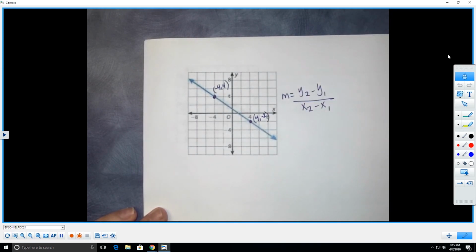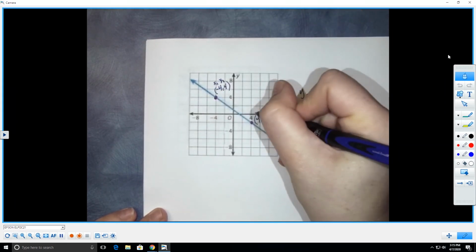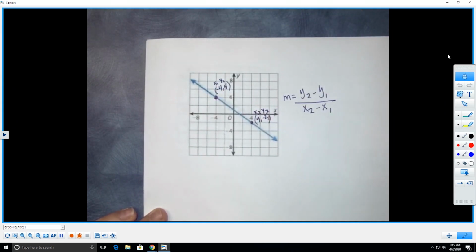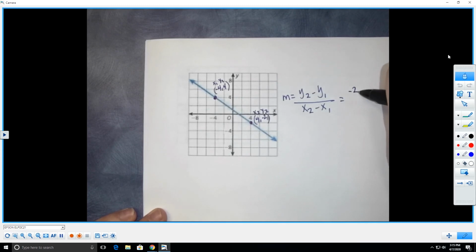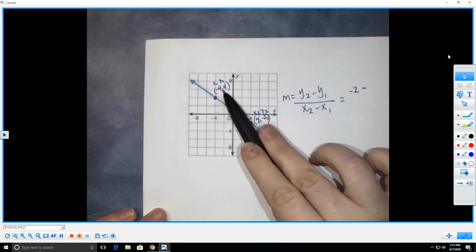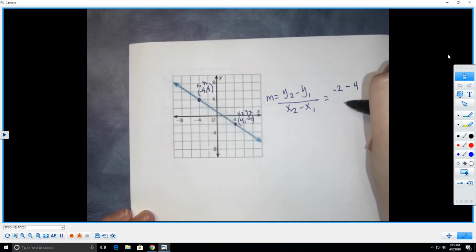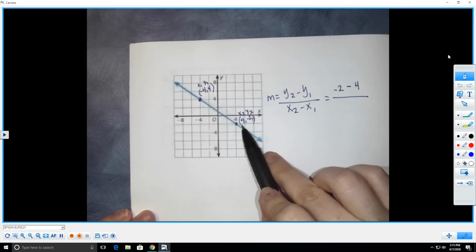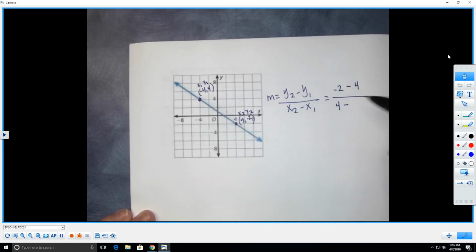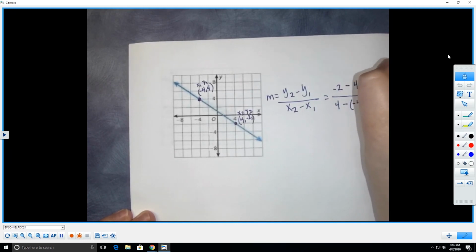So I'm going to label them accordingly. I have x1 and y1. I have x2 and y2. So I'm going to do y2, which is -2, minus y1, which is 4, over x2, which is 4, minus x1, which is -4.